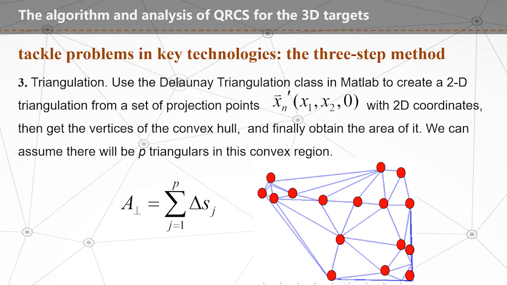Finally, the third step is triangulation. Using the triangulation class in MATLAB software, we can create a 2D triangulation from a set of projection points with 2D coordinates. And finally, we can get the area of it.